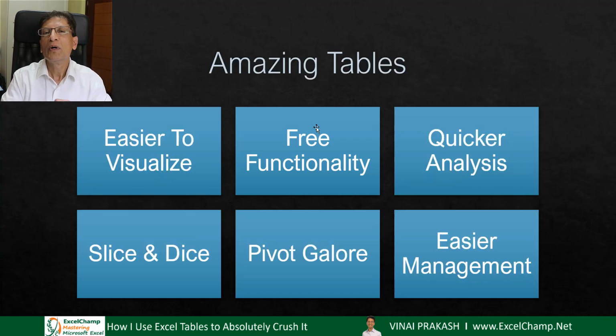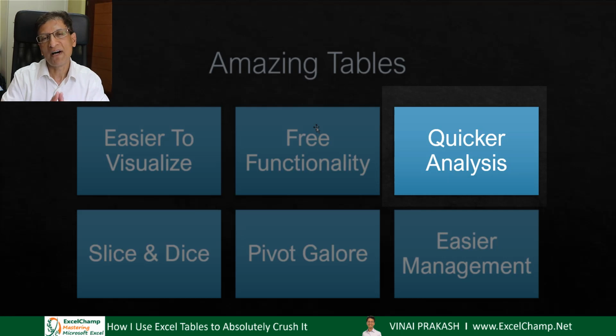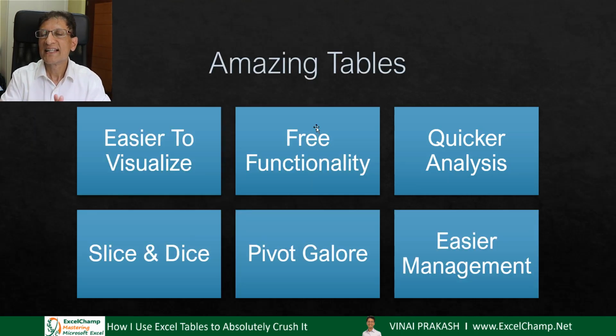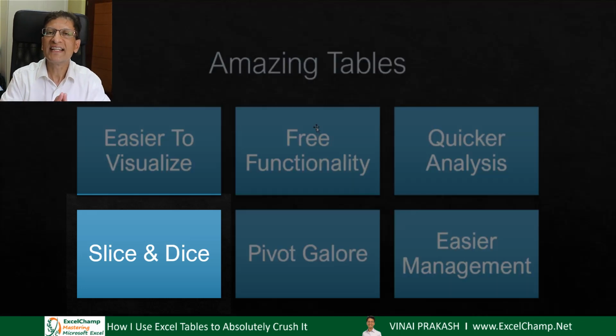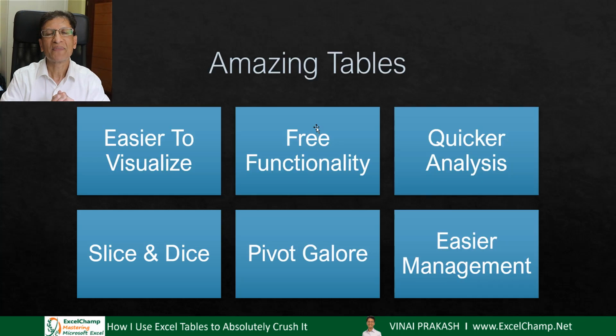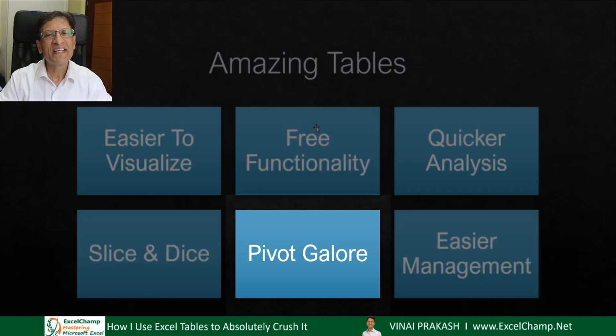We can also do quicker analysis of our data. That's our third benefit. Plus, we can also slice and dice our information the way we want it. On top of it, like icing on the cake, we can do pivot table analysis and create pivot charts.